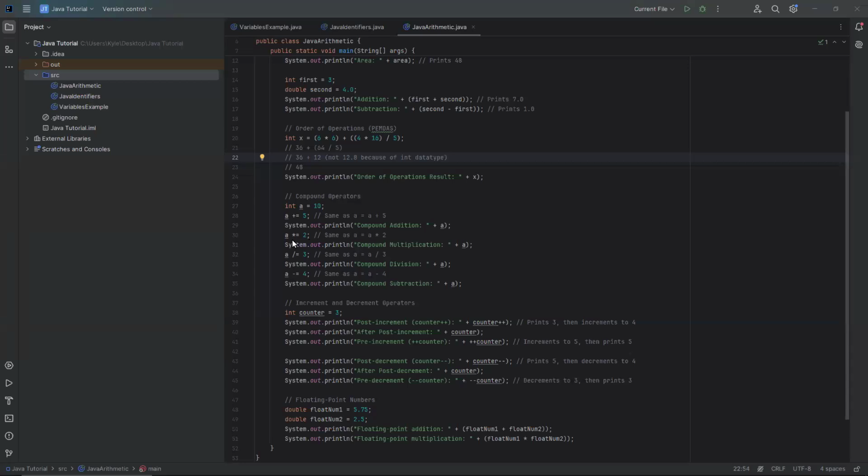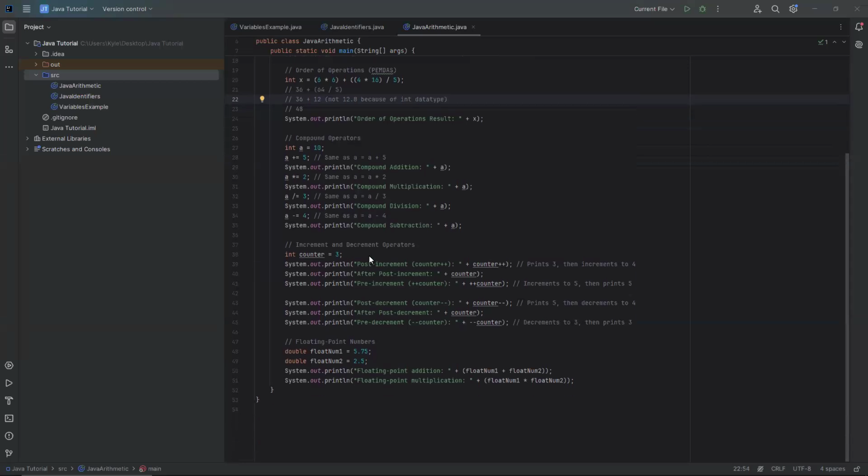Same thing with multiplication: asterisk equal sign 2 is equal to a equals a times 2. A slash equals 3 is the same thing as a equals a over 3. And finally, a hyphen equal sign 4 is the same thing as a equals a minus 4. So shorthand, a better way to do it, I would say.